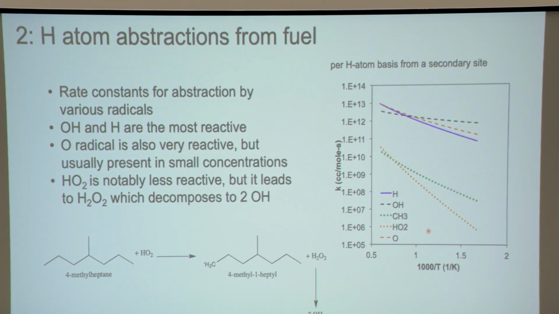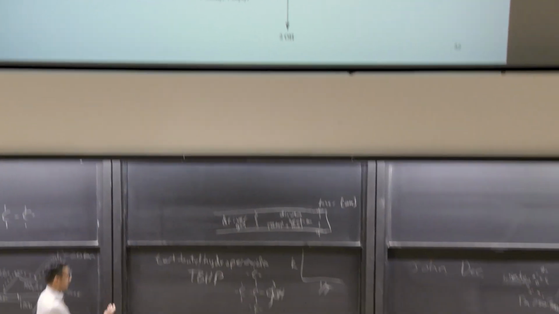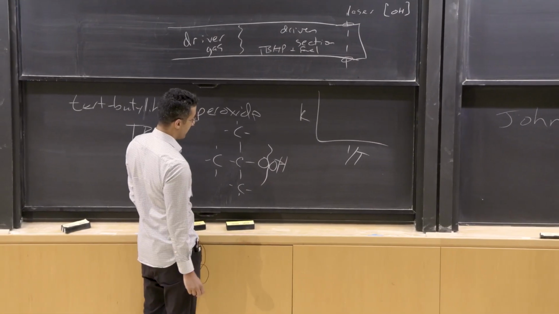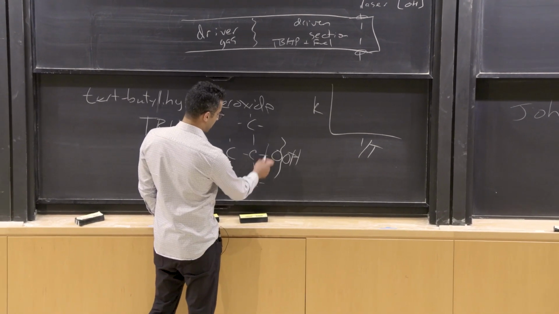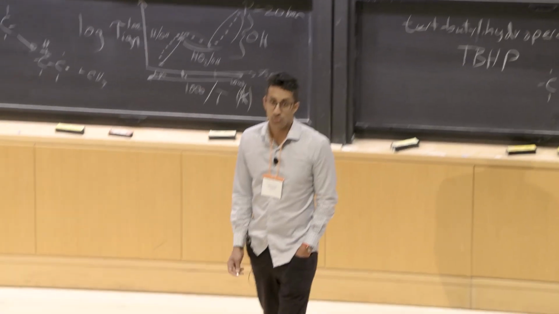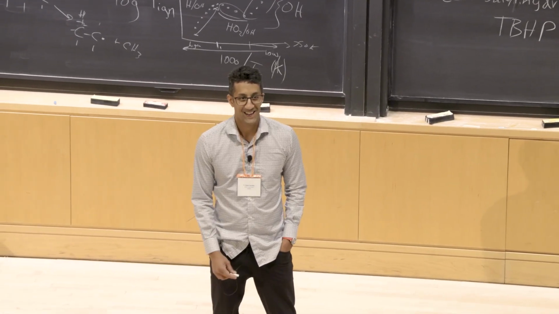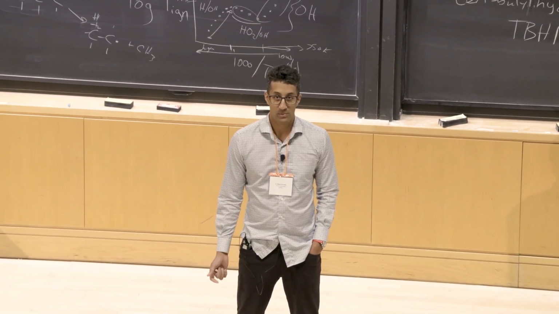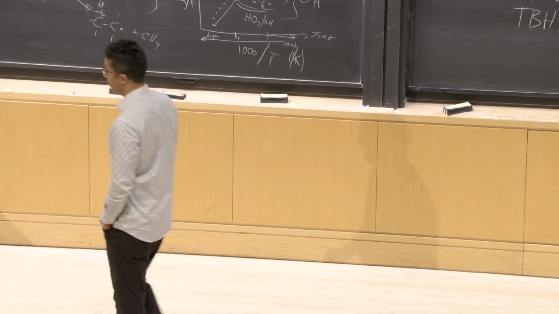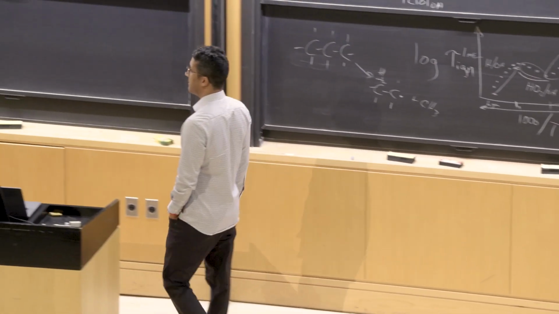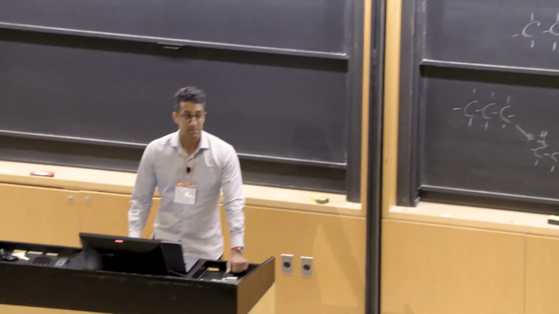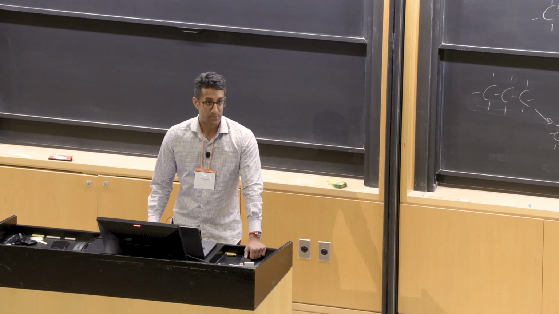Like we have here, TBHP quickly makes OH. Ideally, you would like something that breaks off at an intermediate temperature to make HO2, but it doesn't happen like that. And it's not easy to find a precursor that readily makes HO2. People have tried, I think, with methyl hydroperoxide, but still it's very difficult. So there's no direct measurement for HO2 abstraction.